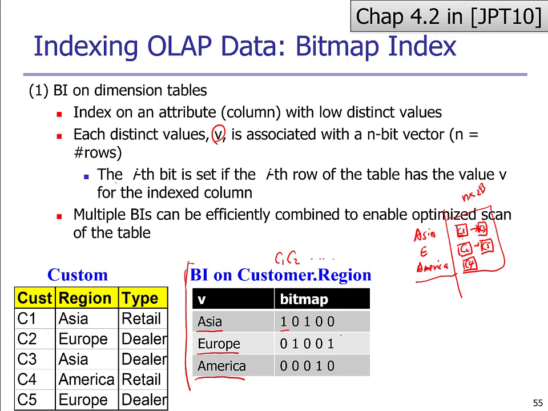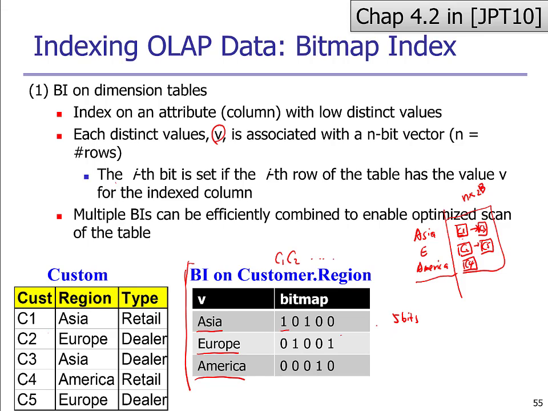So it's n times 2 bytes. But here we only need 5 bits for each distinct value, right?